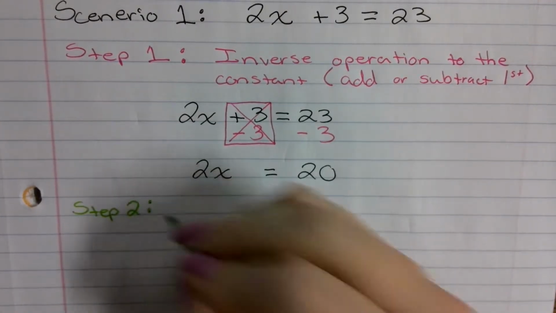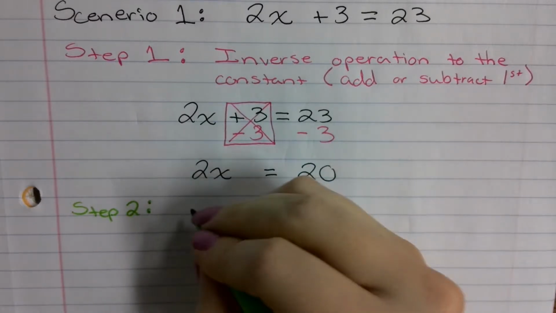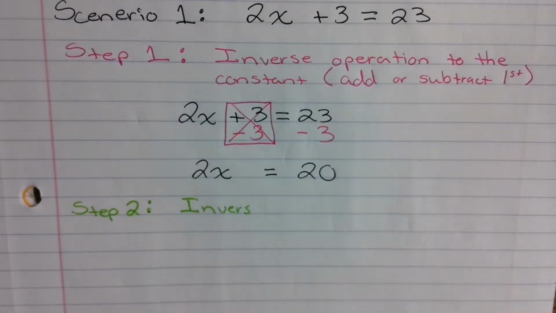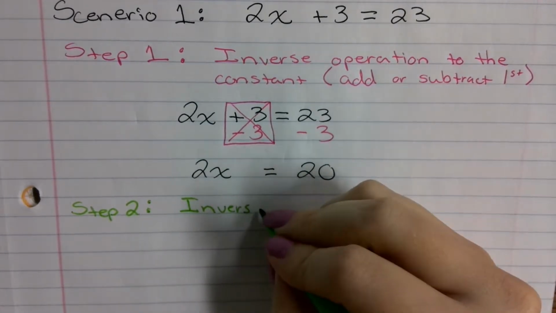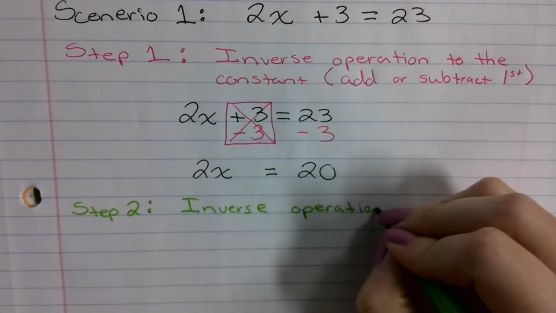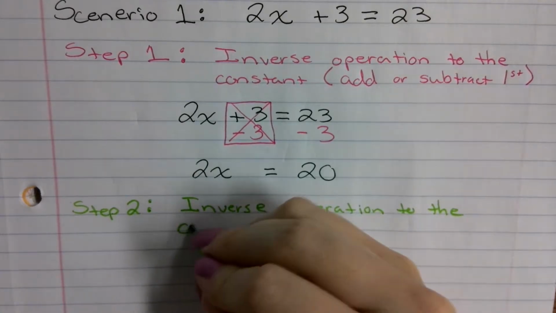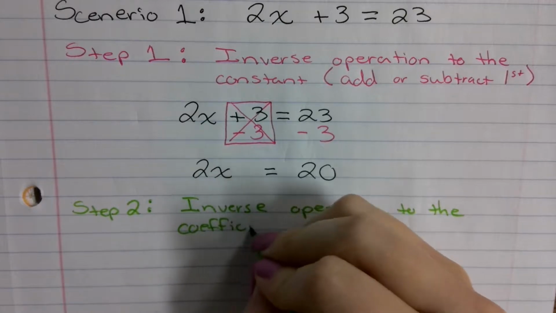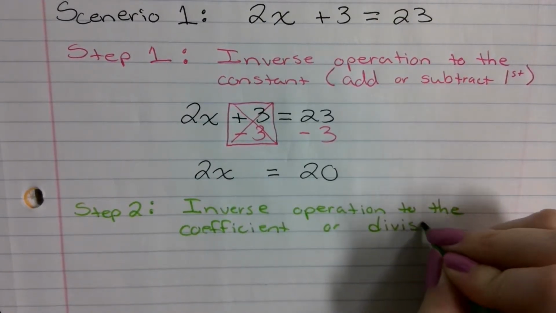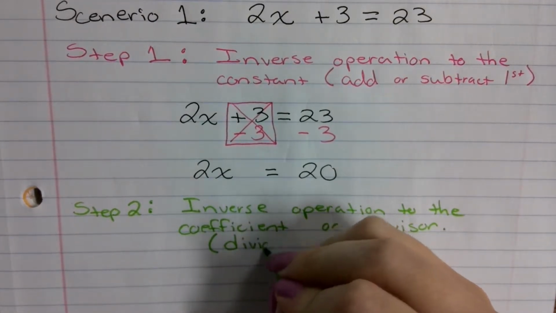So that's when we get into step 2. Because our first step was to add or subtract, our second step is always going to be to do the inverse operation of your coefficient or your divisor, depending on how it's set up. So we'll do the inverse operation to the coefficient or divisor. And that basically means you're going to divide or multiply.